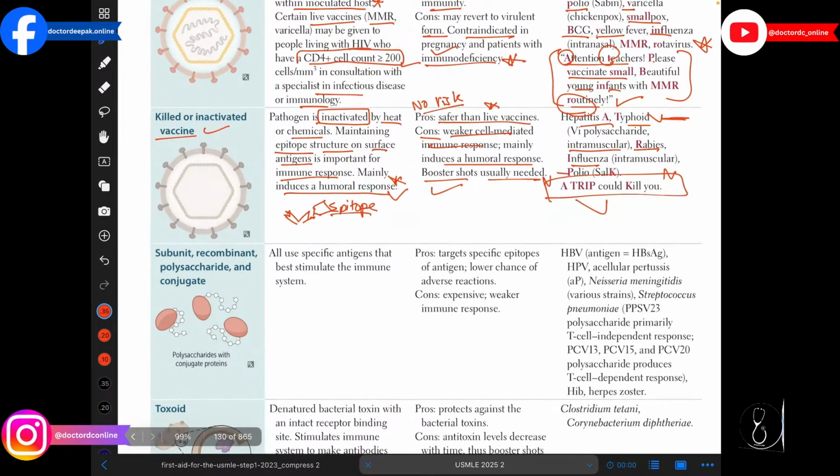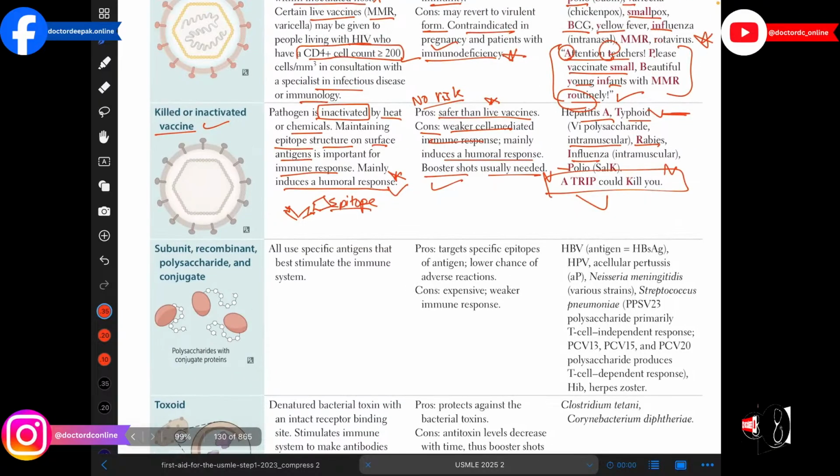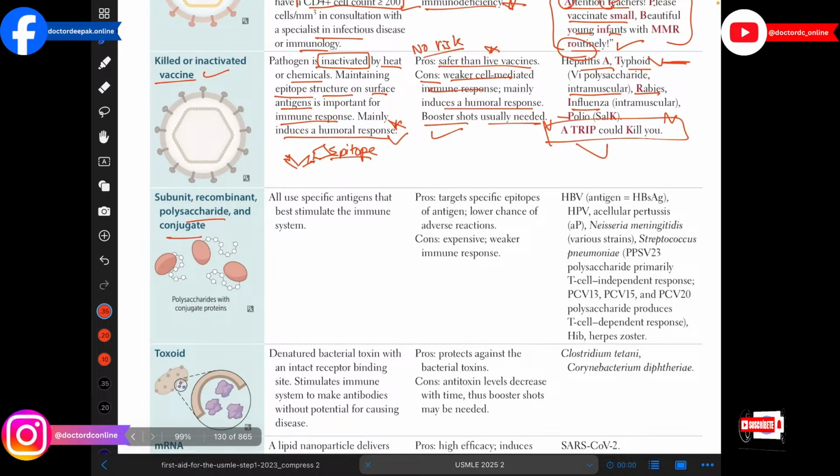Now we are going to look at subunit, polysaccharide and conjugate vaccines. These use specific antigens that will stimulate the immune system.